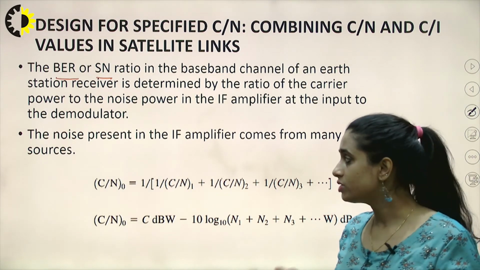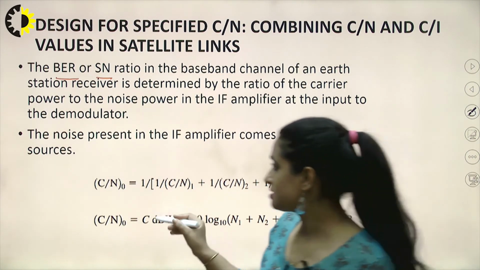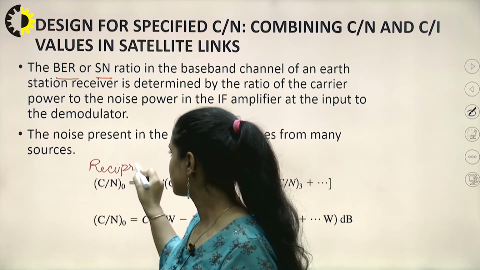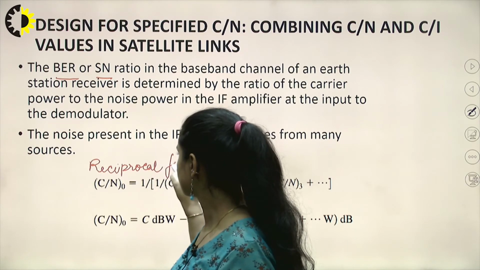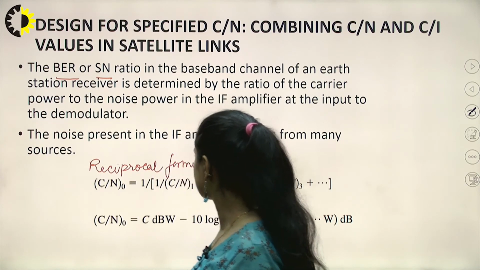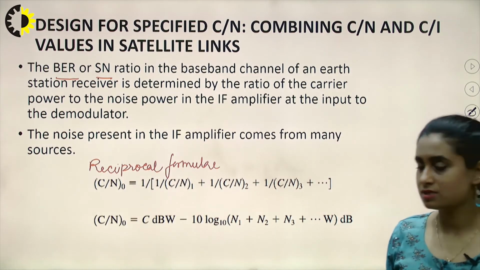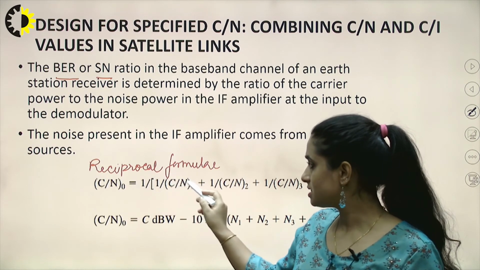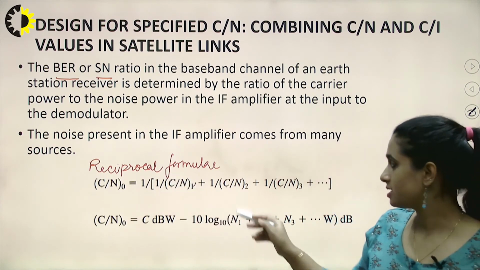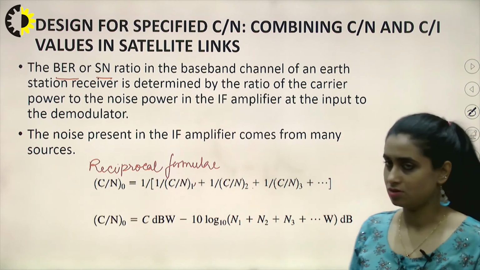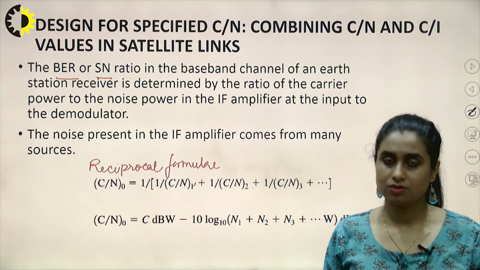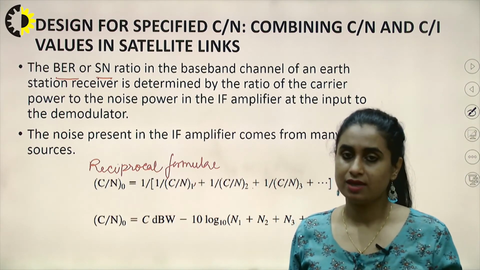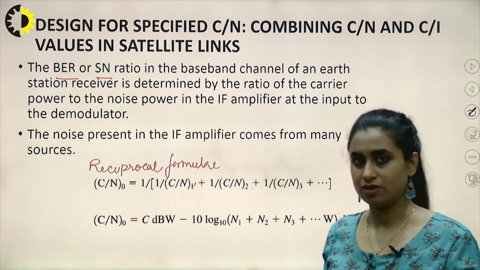Then overall C/N ratio can be given by this formula, which is also called the reciprocal formula. What is the reciprocal formula? C/N equals 1 upon 1 by C/N1, first case, second case, third case, and goes on, right? So this is important. Overall C/N ratio, where there are different kinds of noises, can be calculated using this formula.